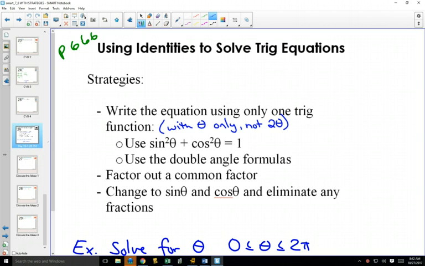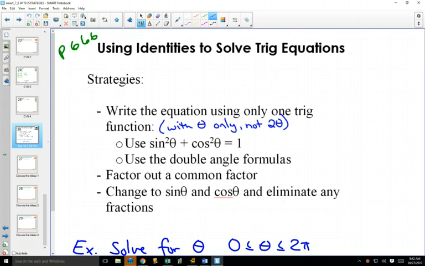But number one strategy that you've had so far, and this is what you did when you had that sine squared plus cos squared equals 1, is you try to write an equation with only one trig function. So when you had a sine squared and a cos, you changed the sine squared to 1 minus cos squared, so your whole equation was just dealing with cos.